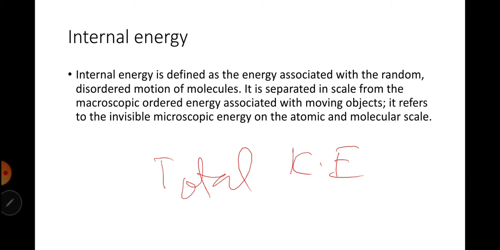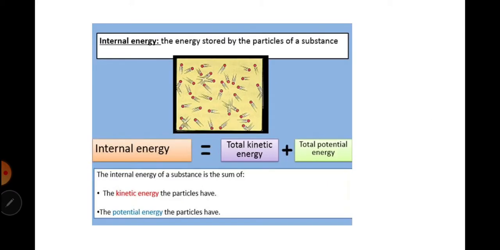The sum of all types of kinetic energy and potential energy is called internal energy, represented by del U. Internal energy is the sum of kinetic energy and potential energy.